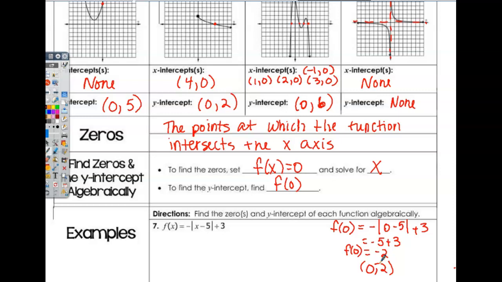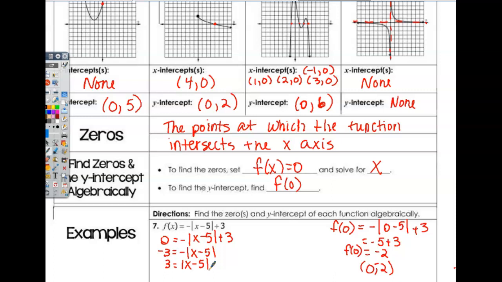So now to find the x-intercepts, I have to set this equal to 0. And to solve an absolute value equation, I have to isolate the absolute value. So I'm going to subtract the 3, divide by the negative 1, and then we get two equations.